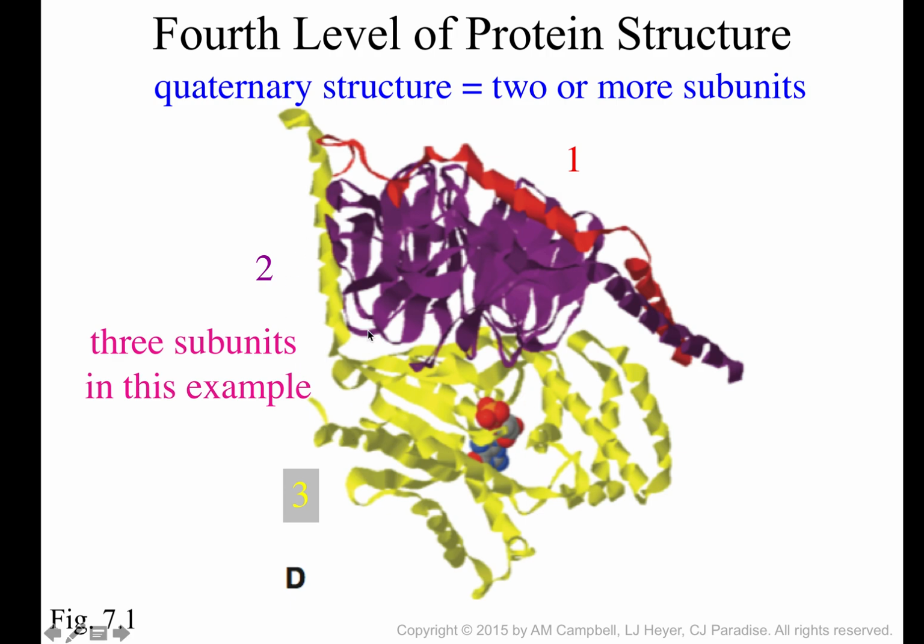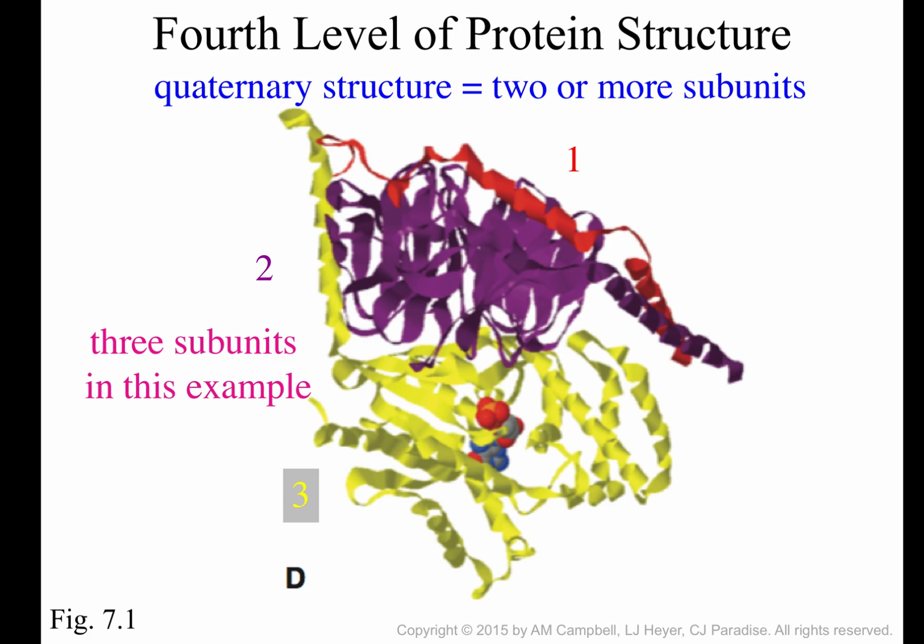So this is not considered 3 proteins that work together. This is considered one protein that has 3 parts. There would be 3 different mRNAs that code for this protein. They would each translate a different chain on the ribosomes, and then after all those 3 chains are translated, they come together to form the functional protein.